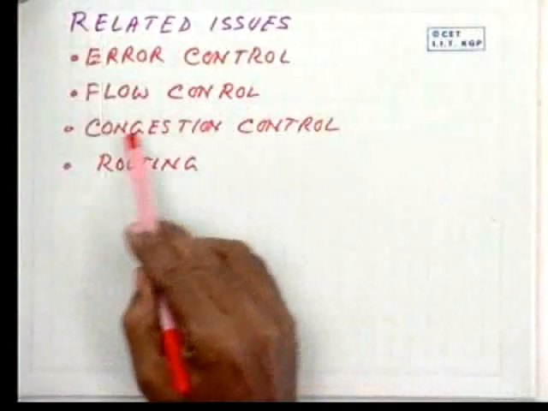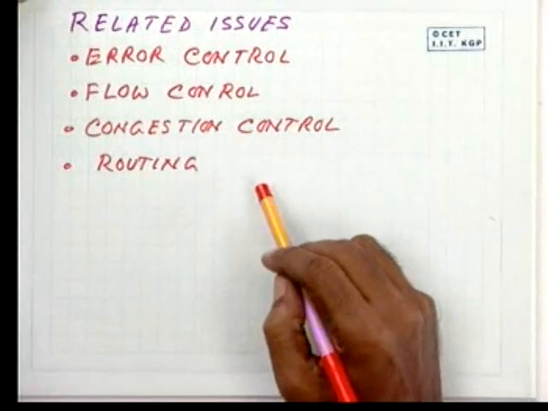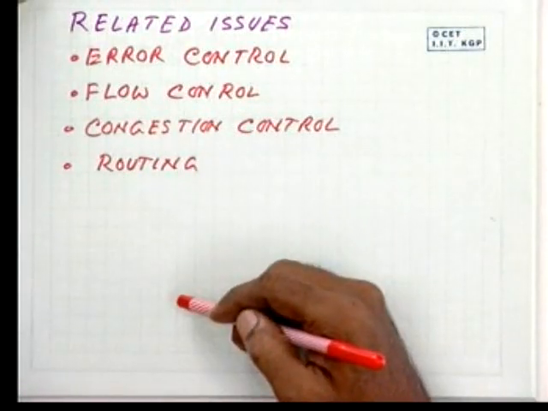Hello. In the last three lectures, we have discussed various wide area network technologies. There are certain common issues, for example, error control, flow control, congestion control, routing, which are to be performed in all the technologies.